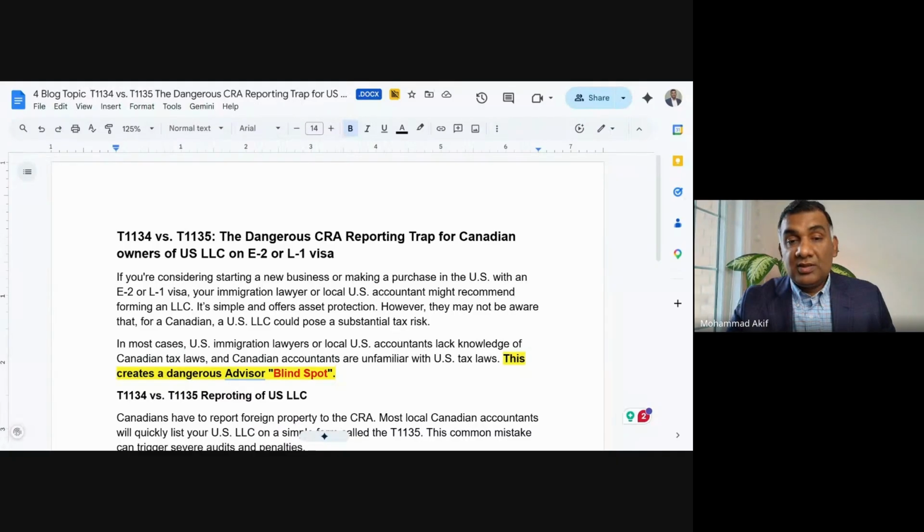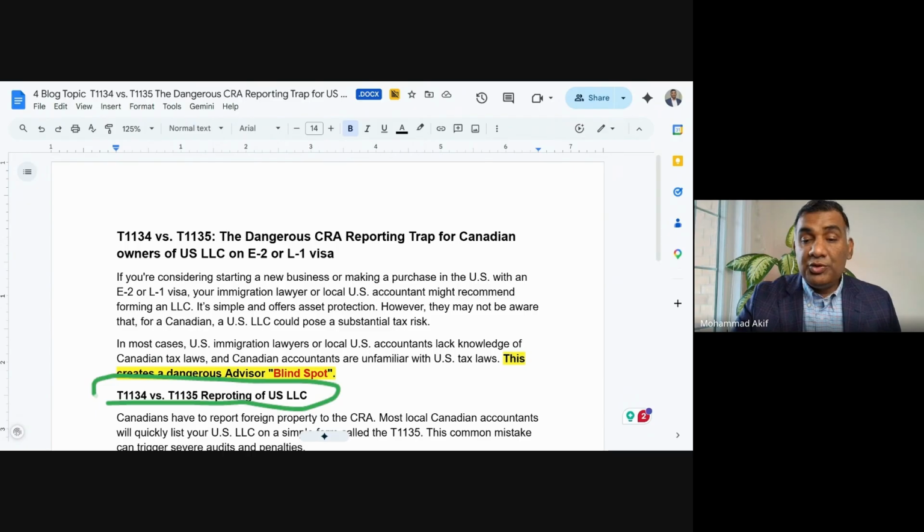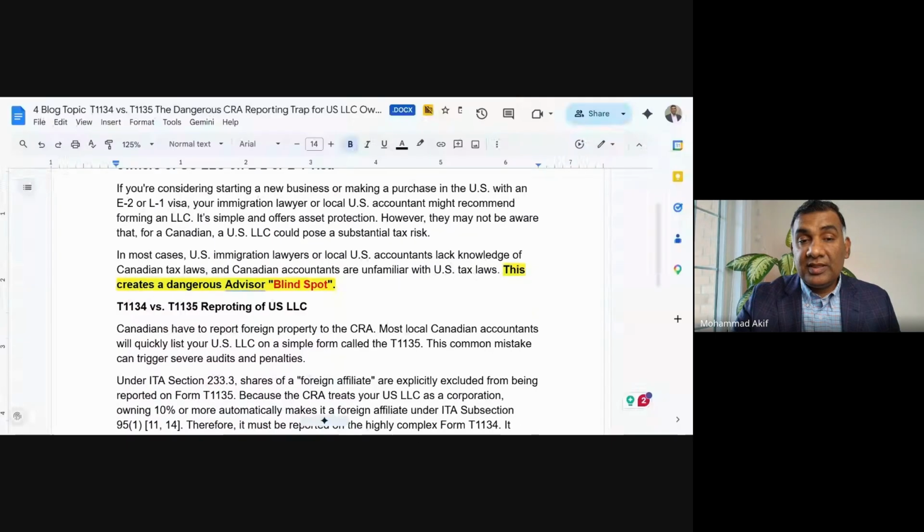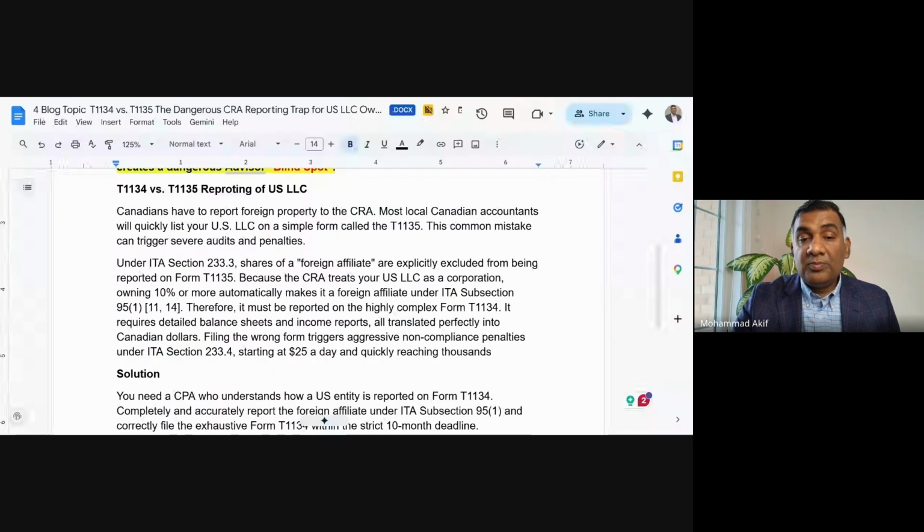So what is going on here? For a Canadian resident with a US LLC, most of the time a Canadian accountant will report their LLC on Form T1135, which is the wrong form to file.